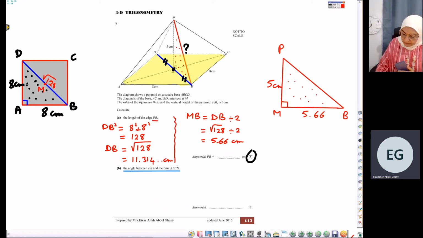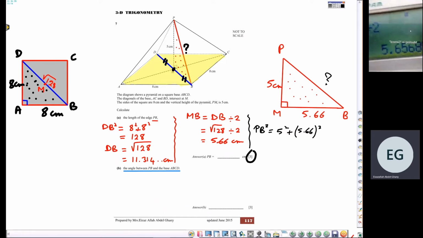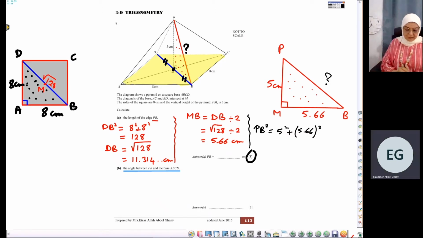Then, what do you want to know? Now we need to find this PB. What to use? Pythagoras theorem. Exactly. So PB squared is equal to 5 squared plus 5.66 squared. Take care, it's on your display. Here is my full display. I just write answer squared. Okay, so answer squared plus 5 squared equals 57.